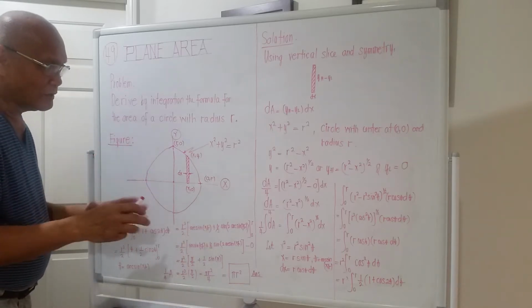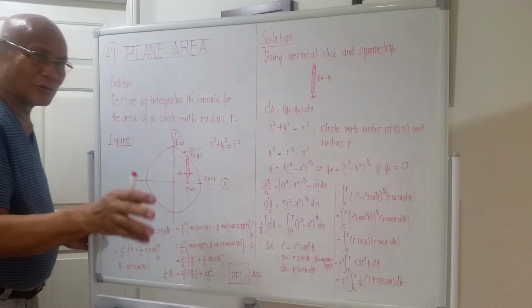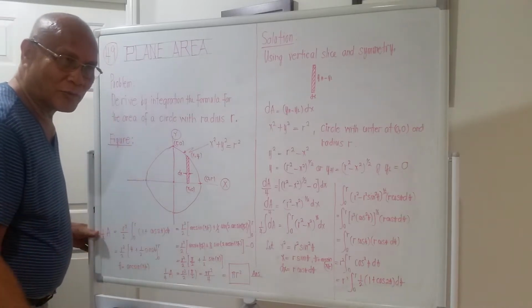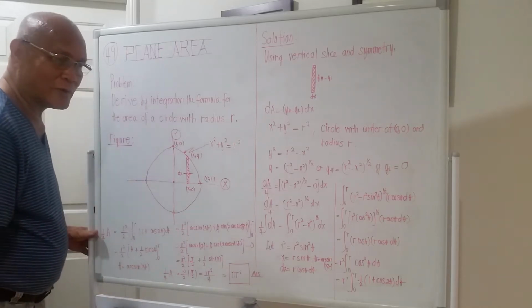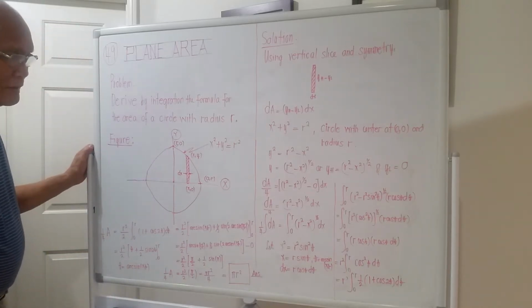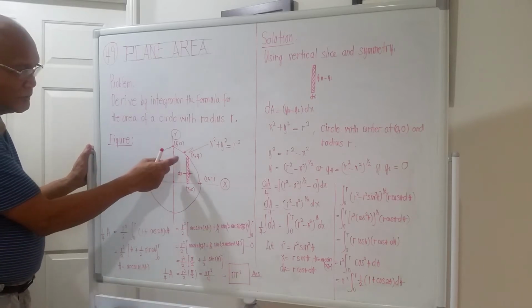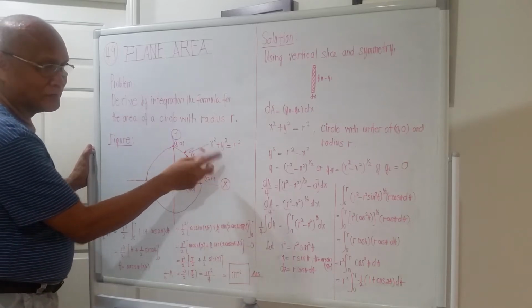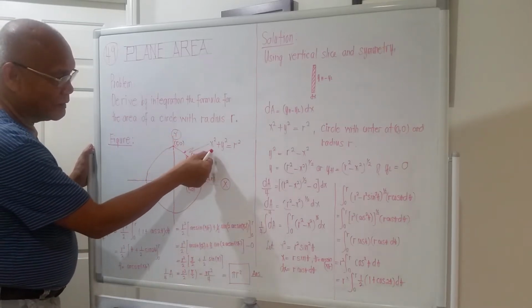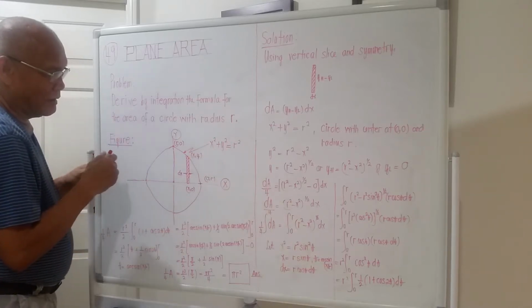Let's bring out the equation for the circle. So this now involves analytic geometry. If you don't know analytic geometry, you cannot solve this problem, okay. The equation of the circle is given by this equation here. I will recall, x squared plus y squared is equal to r squared.